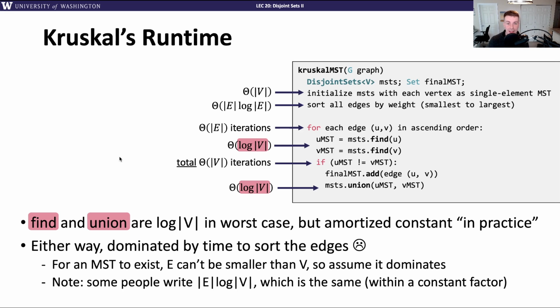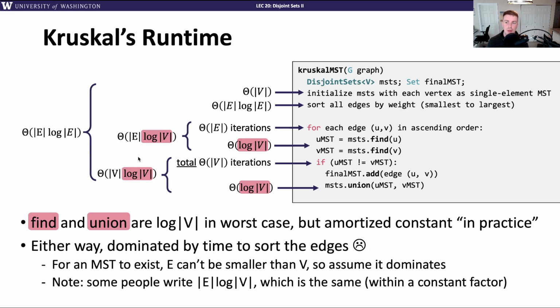So we can't have the case where the graph is disconnected, there's no edges. We need to have some minimum number of edges. And so in this context, e is always going to be greater than or equal to v minus 1, but asymptotically, that's the same thing. So generally, we only talk about the case where e dominates v. So you usually see people write this as e log e.